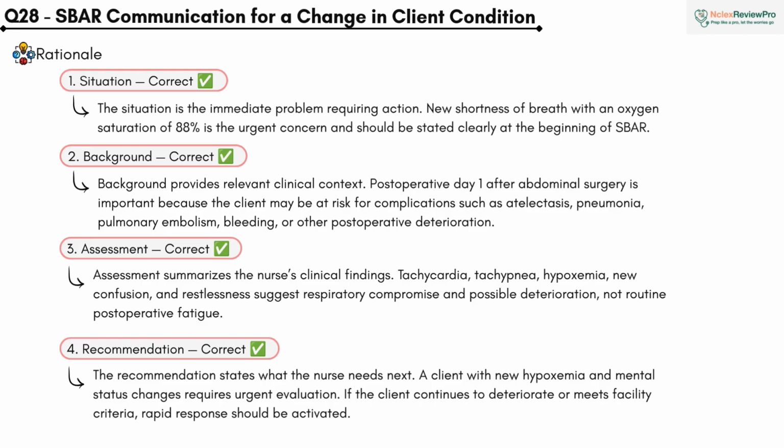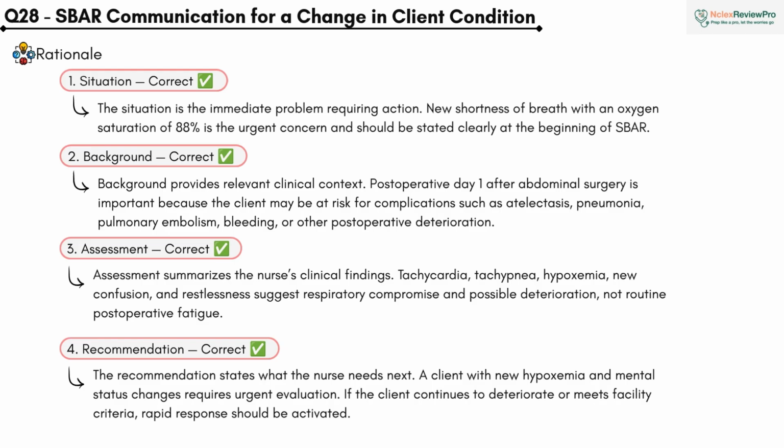For Statement 3, the assessment is the nurse's interpretation of the findings. This client is showing signs of acute respiratory compromise and clinical deterioration. The oxygen saturation is low, the respiratory rate is elevated, the heart rate is elevated, and the client is newly confused and restless.